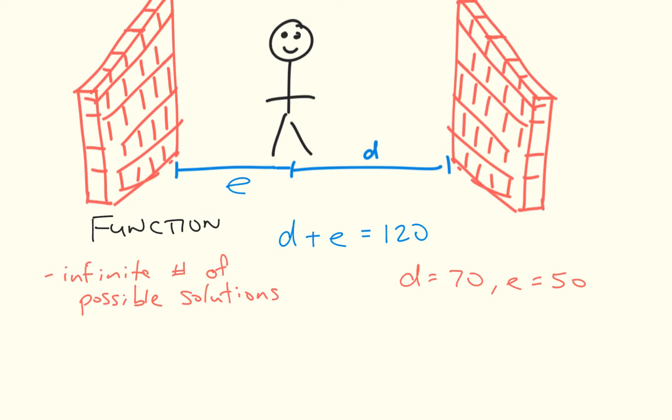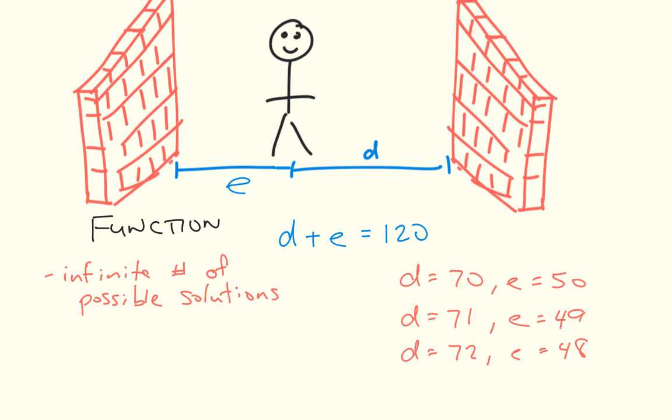That's one possible solution, but it's not the only possible solution. We could say, well, if d is 71, then the other half to this possible solution would be that e would have to be 49. And we actually end up with a whole pattern of solutions.